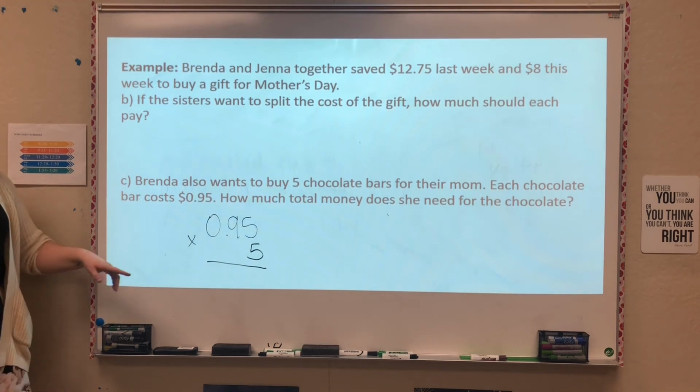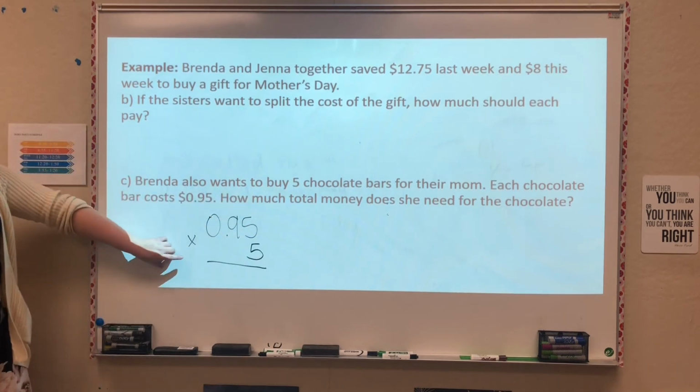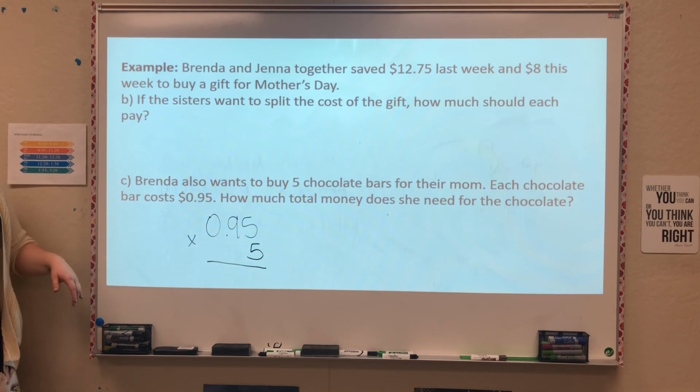So what I hear you saying is how we're going to get the answer. Just the way I've set this multiplication problem up, how is this different from what we did with adding and subtracting? Let me ask a different question.